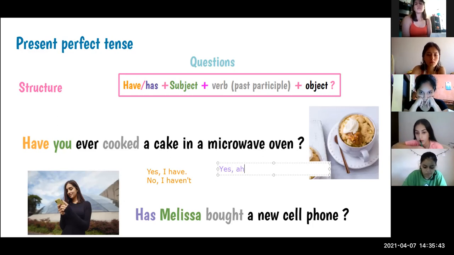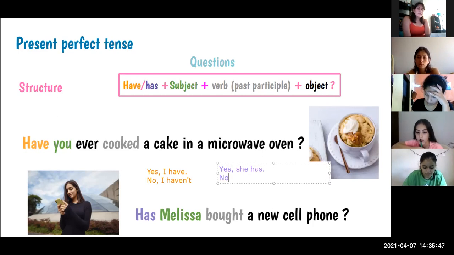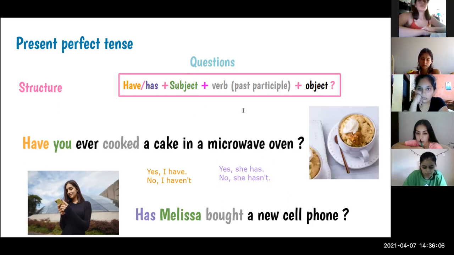Very good. Or no, she hasn't. Esta es la forma en la que deben responder. Recuerden siempre con el auxiliar de la pregunta. En este caso, have or has. ¿Ok? Entonces su respuesta sería yes, I have. Right?